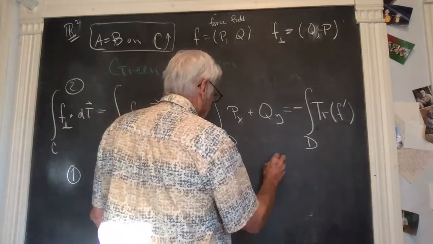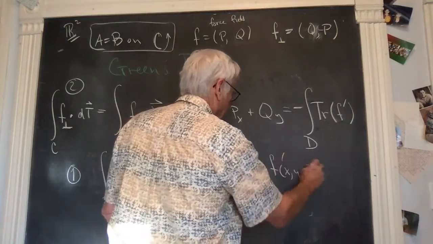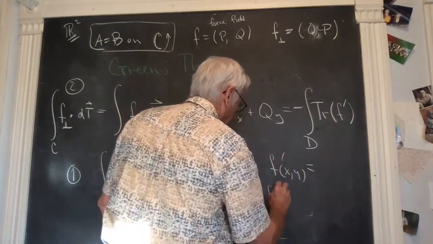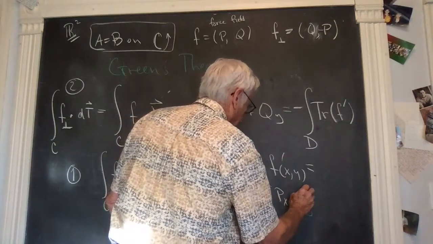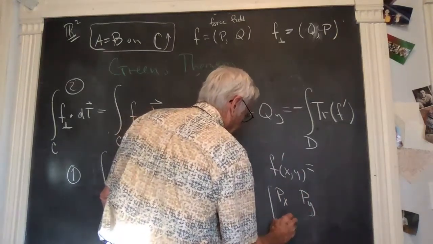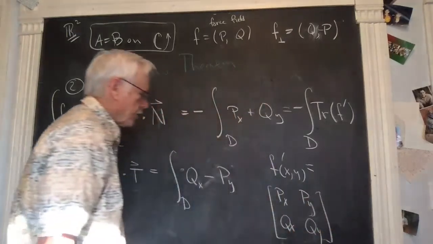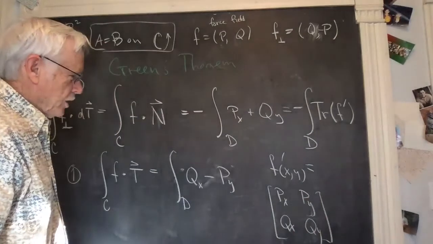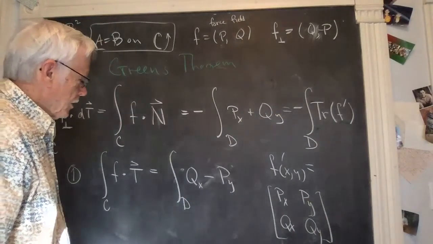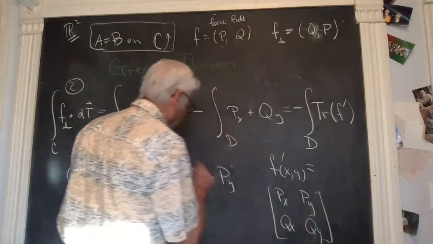And if we look at f of x and y prime again, p sub x, p sub y, q sub x, q sub y. This doesn't really fit here. q sub x is here, p sub y is here, but you have this negative sign.